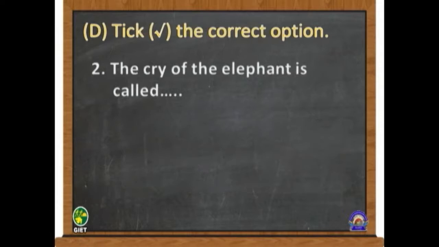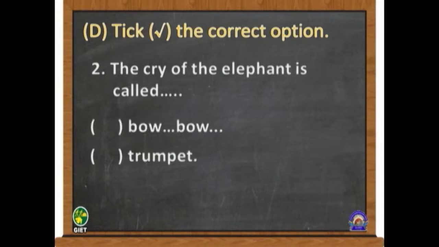Next, sentence 2. The cry of the elephant is called bow bow, trumped, tramped. Which option did you tick? Let's check. Trumped. Yes, answer is trumped.